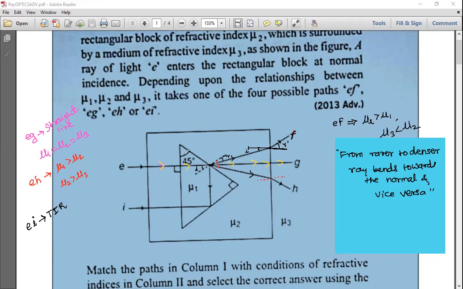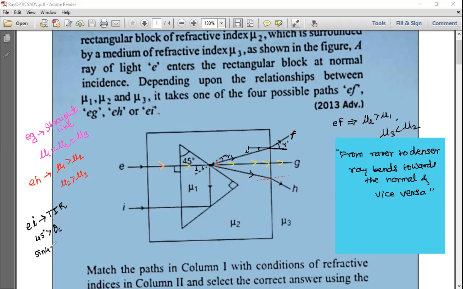Keep it in mind, as this angle theta is 45 degrees, the critical angle should be less than 45 degrees, or 45 degrees is greater than the critical angle. So shall I write like this?